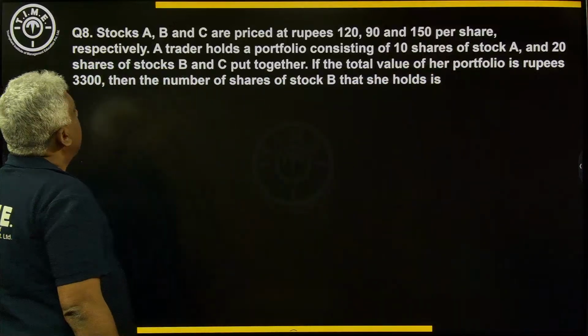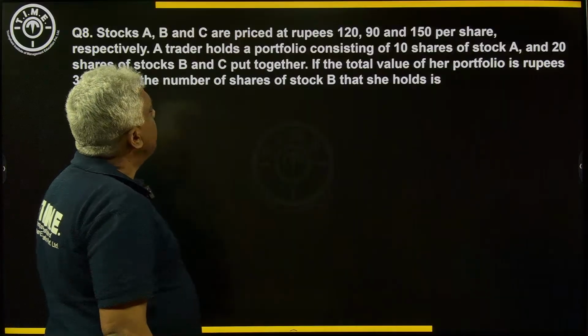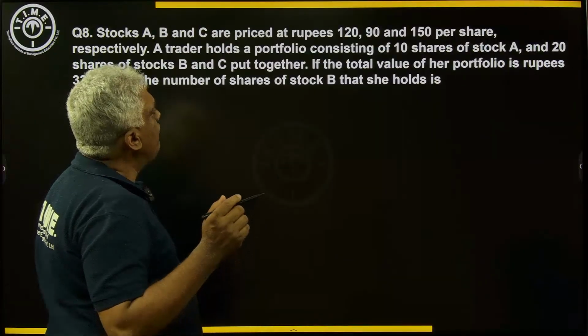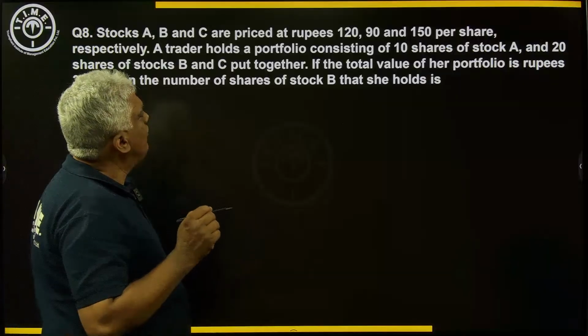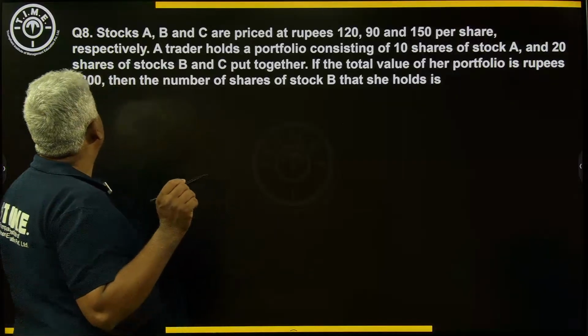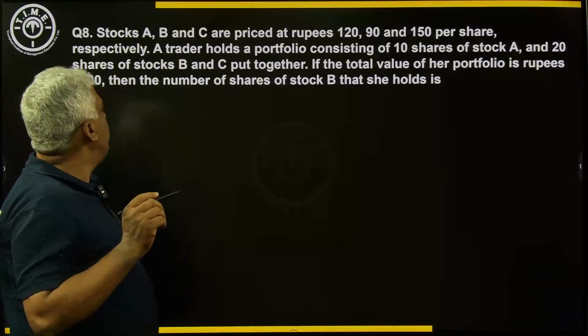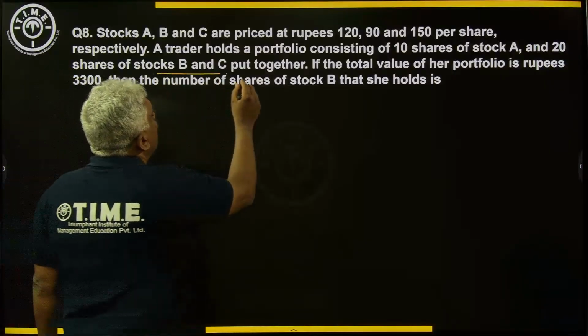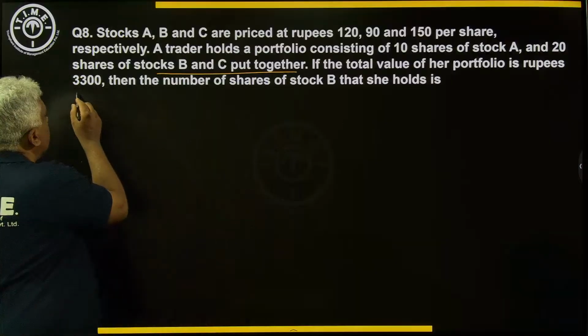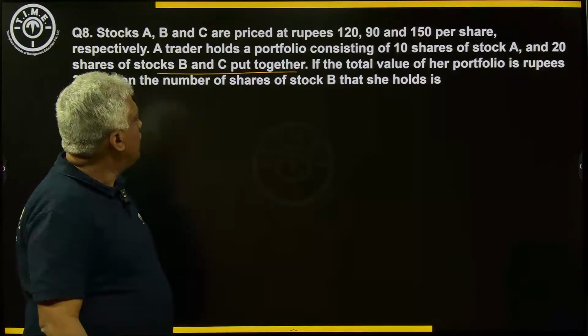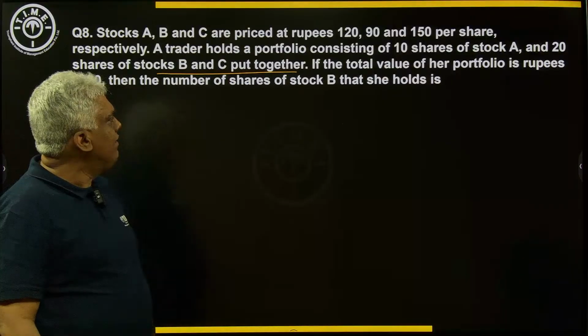The stocks A, B, and C are priced at 120 rupees, 90 and 150 per share respectively. A trader holds a portfolio consisting of 10 shares of stock A, and 20 shares of stock B and C put together. If the total value of the portfolio is rupees 3,300, then the number of shares of stock B that she holds is.